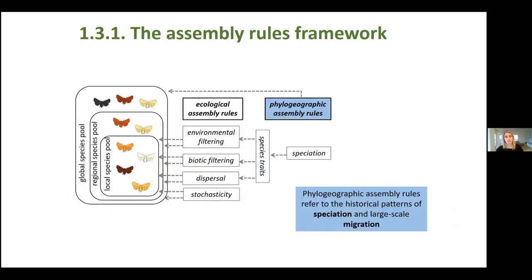And what are these processes or rules? Well, the first category is the phylogeographic assembly rules, which refer to the historical patterns of speciation and large-scale migration.